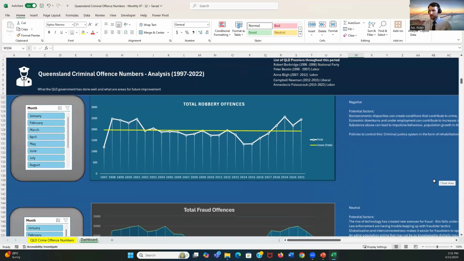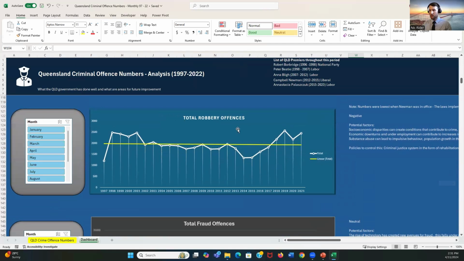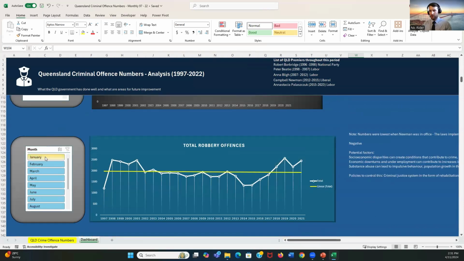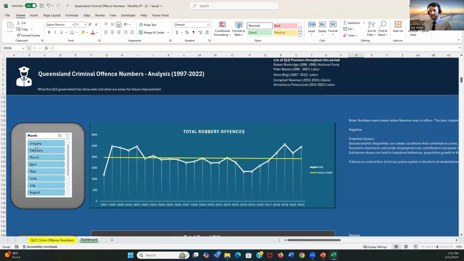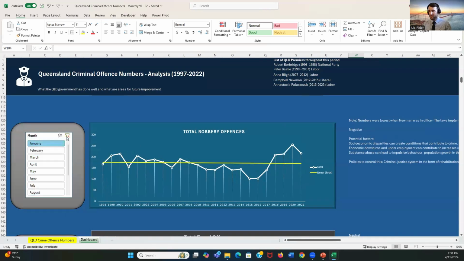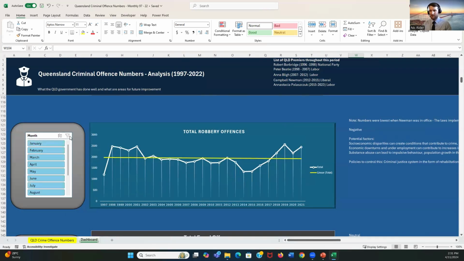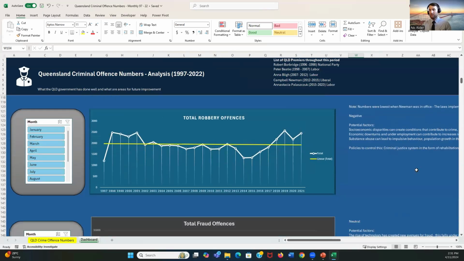So next we're going to go to total robbery offences in Queensland. What we're going to do here is go through the months again. I'll just do a brief one, but it's been pretty stagnant here, which is negative, because in my opinion you would expect total robbery offences to come down over a period of time.